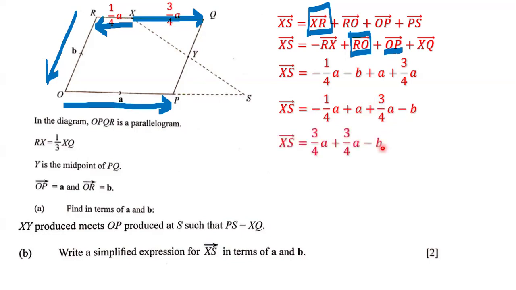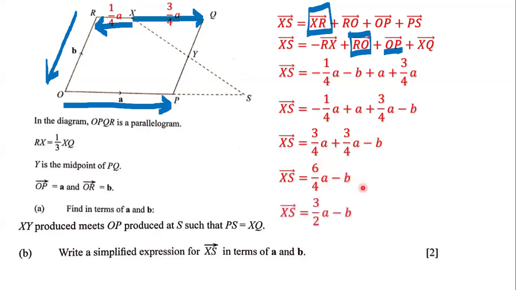What is negative 1 over 4A plus 1A? When we add them together, we get 3 over 4A, plus 3 over 4A, minus B. And 3 over 4A plus 3 over 4A is 6 over 4A minus B.